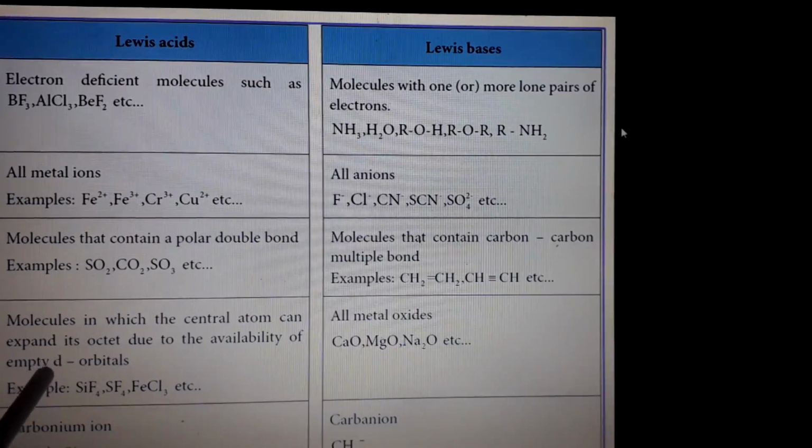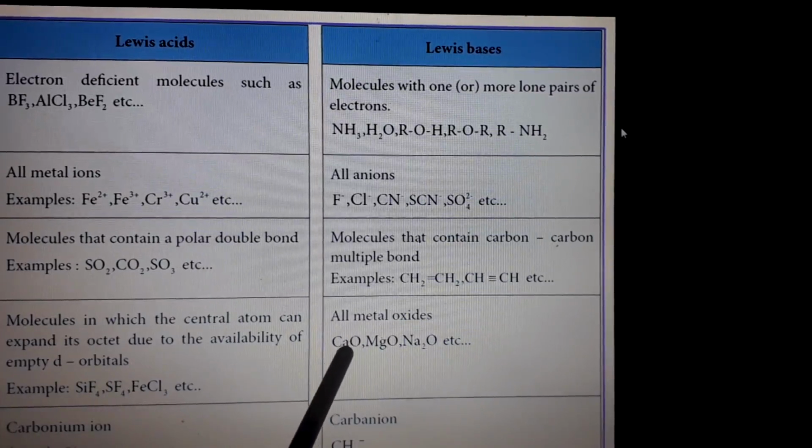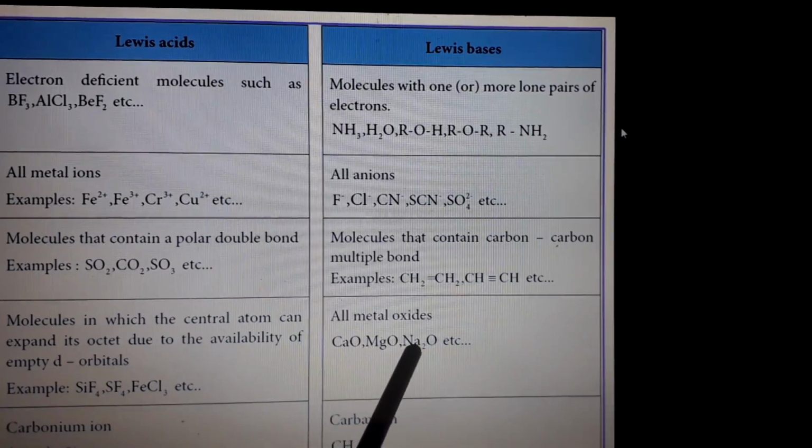Which compounds have empty d orbitals? They expand their octet. This is the example for Lewis acid: silicon tetrafluoride, sulfur tetrafluoride, ferric chloride. And all metal oxides have lone pairs of electrons: calcium oxide, magnesium oxide, sodium oxide.